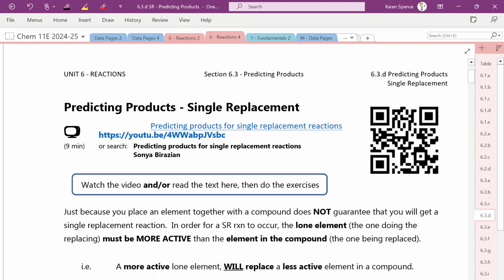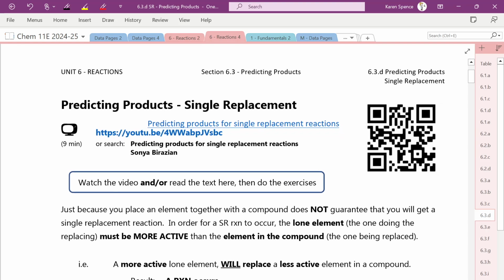Okay. Now, page 61, elements. Just because you put an element with a compound does not guarantee that you will get a reaction. Sometimes when you put an element with a compound, they will just sit there and do nothing. Okay?